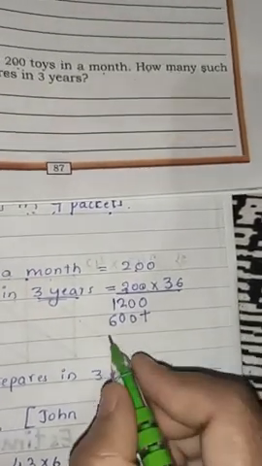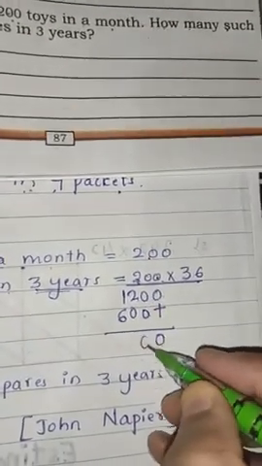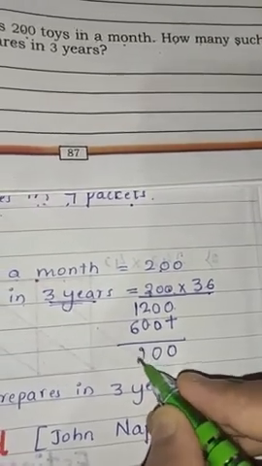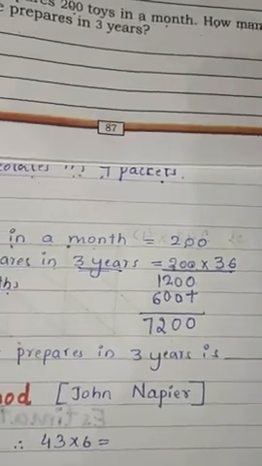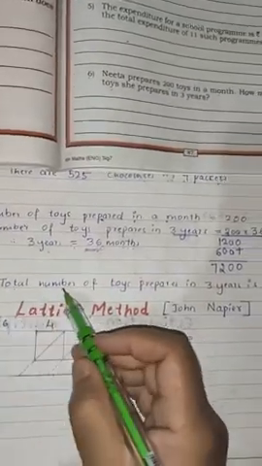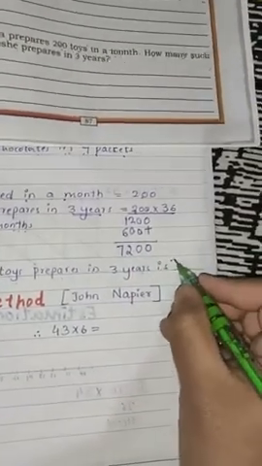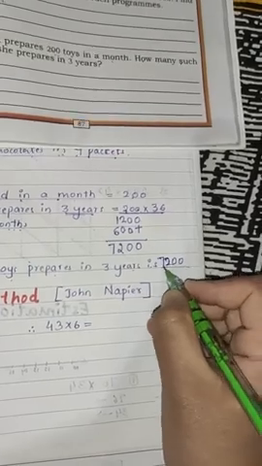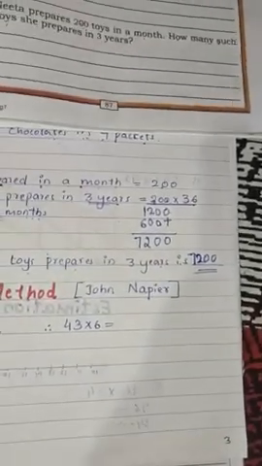So let's add it. 0 is 0. 0 plus 0, 0. 2 plus 0 is 2. So 1 plus 6 is 7. So therefore the total number of toys prepared in 3 years is 7,200 toys. Understood? Okay.